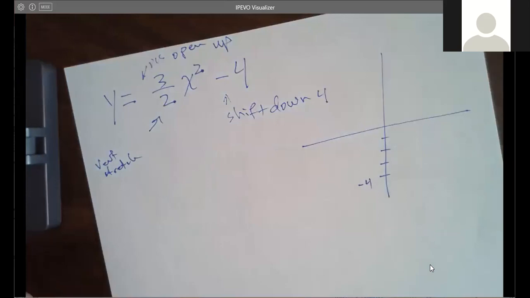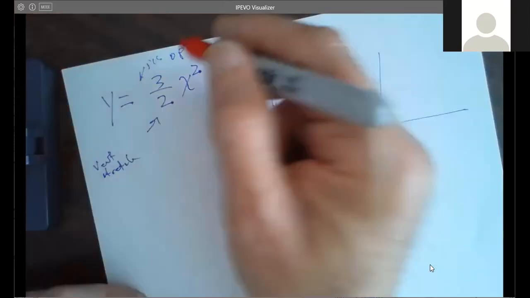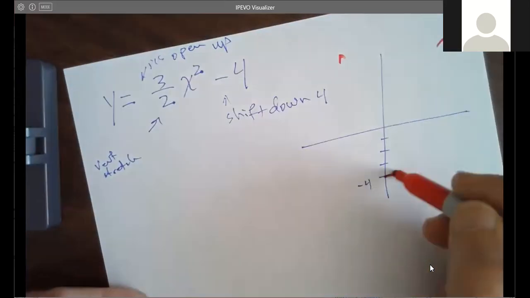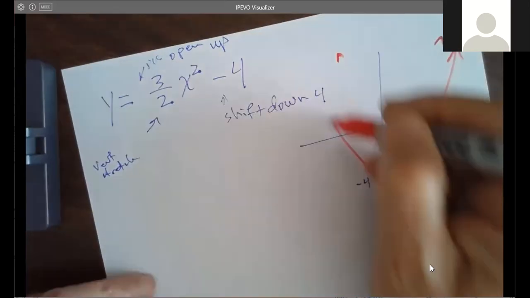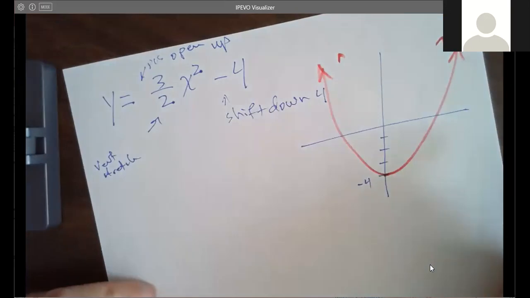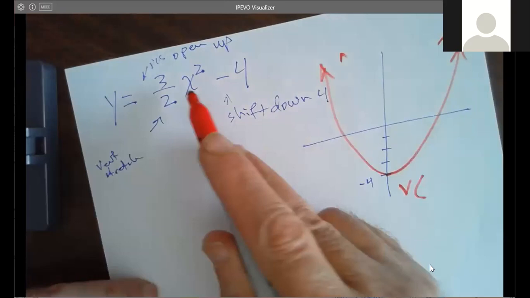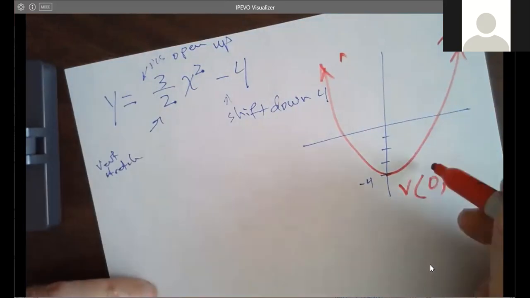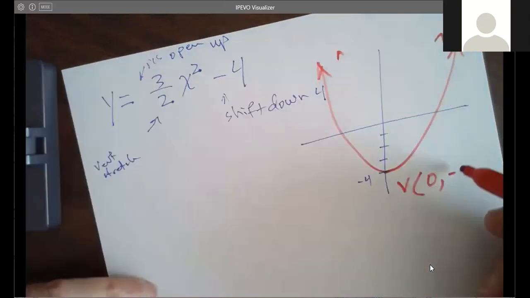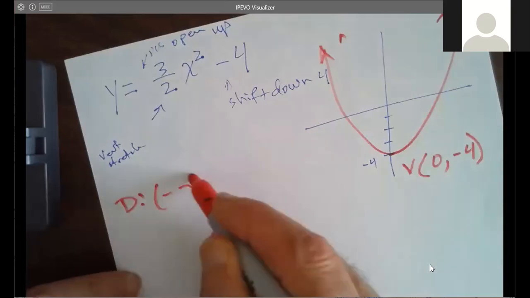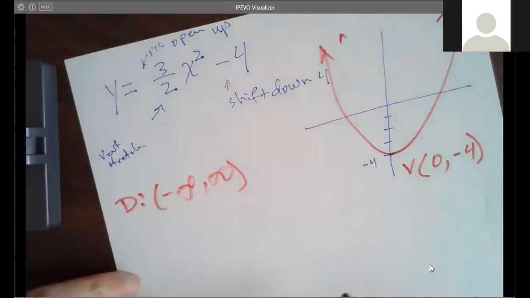And we said it opens up. So it's just going to open this way. And so the vertex, because it did not shift right or left, the h part is 0. K is going to be negative 4. So therefore our domain, again, negative infinity to infinity, that doesn't change.